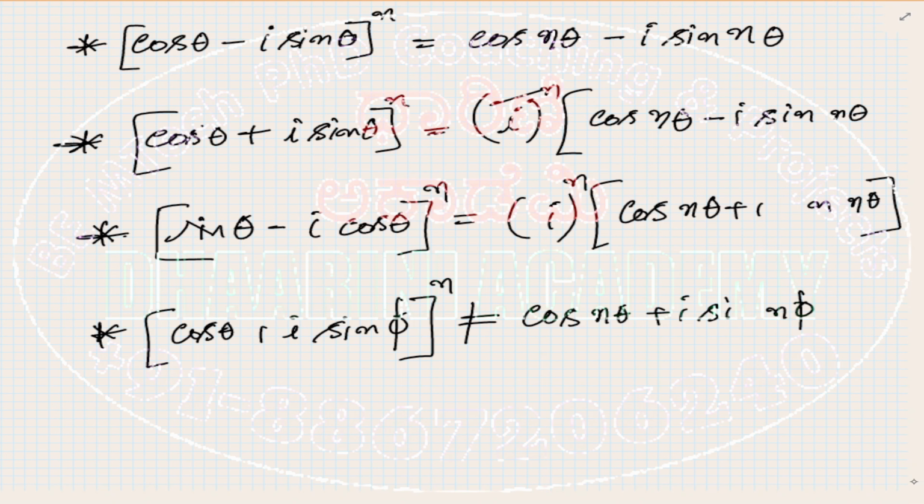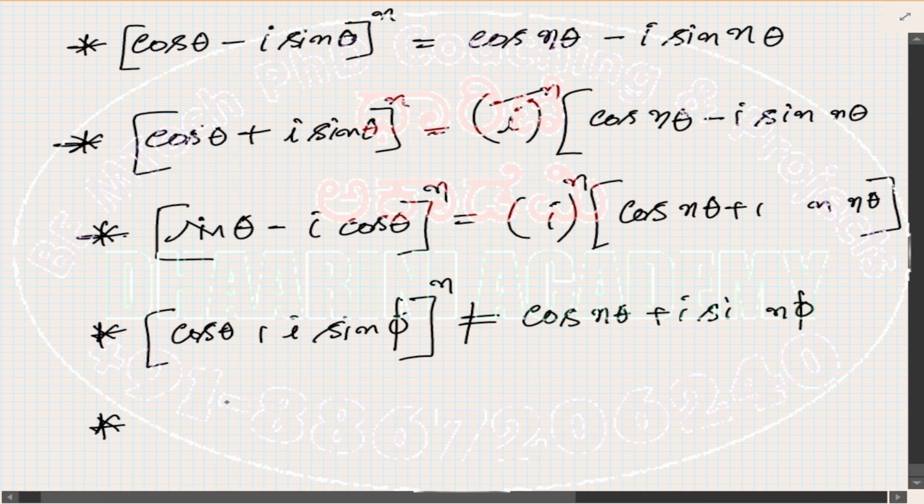Okay, then the other important form is 1 divided by (cos theta plus I sin theta), which can also be written as (cos theta plus I sin theta) to the power minus 1.